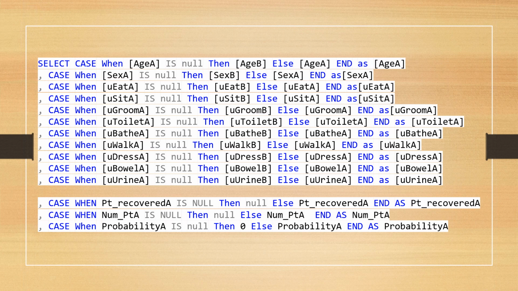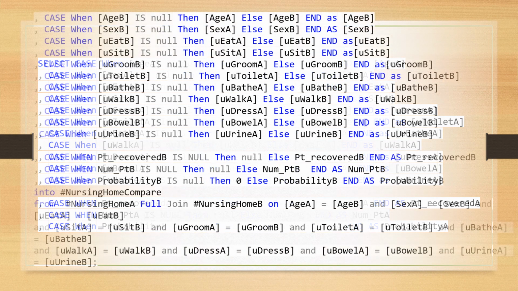The next two slides of code are basically to match A and B nursing homes on common strata.